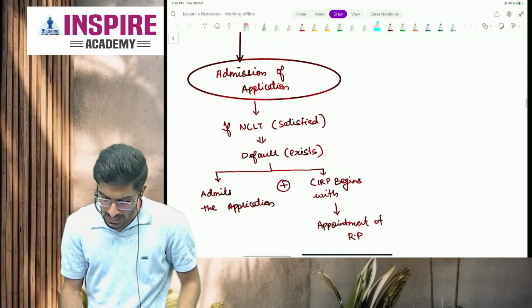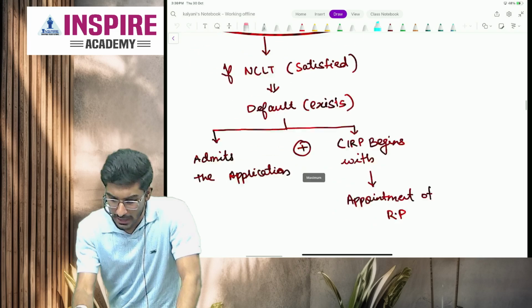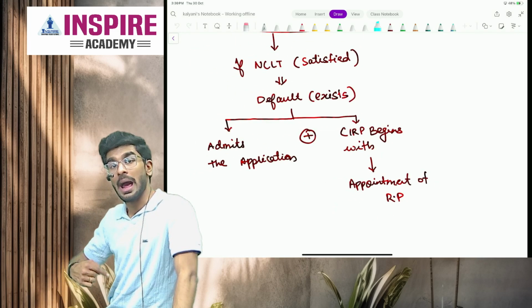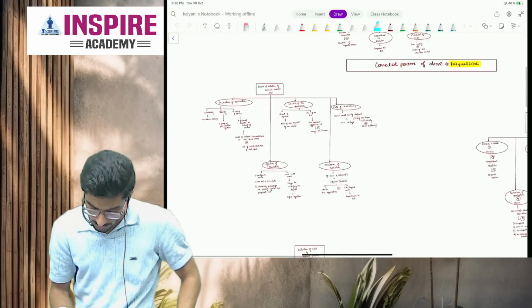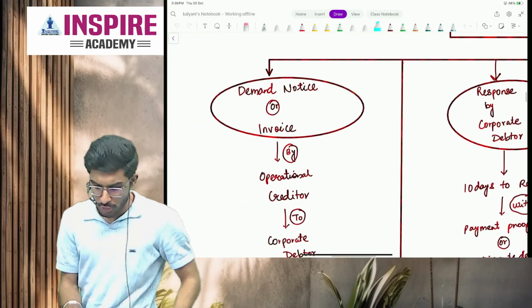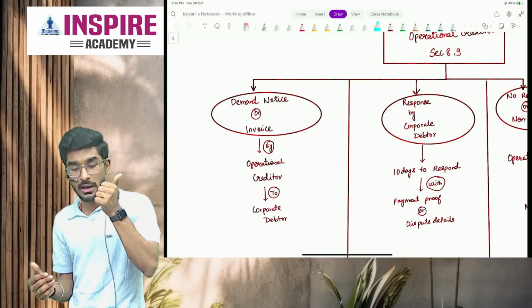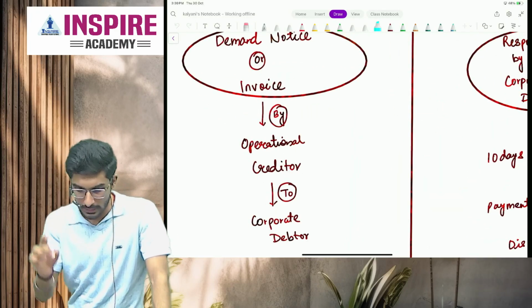Okay. And next is admission of the application. If NCLT is satisfied that default exists, it will admit the application and CIRP will begin. Now next, by an operational creditor. The operational creditor has to send a demand notice plus invoice to the corporate debtor.